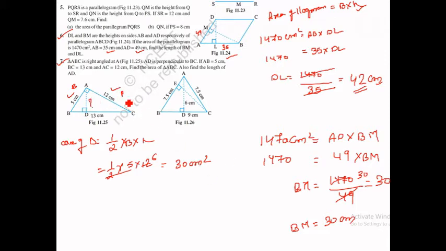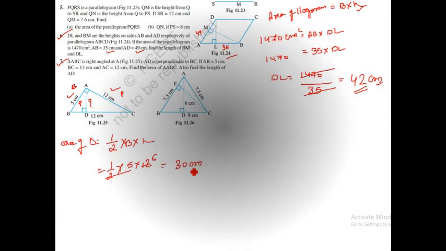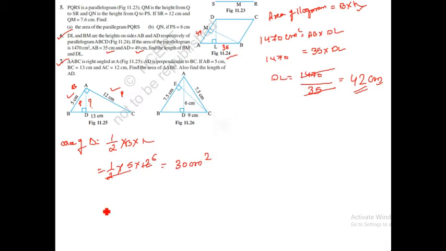Now we can see this triangle from another perspective, so the area is 30 centimeters square. Now in this case AD is your perpendicular and BC is your base.